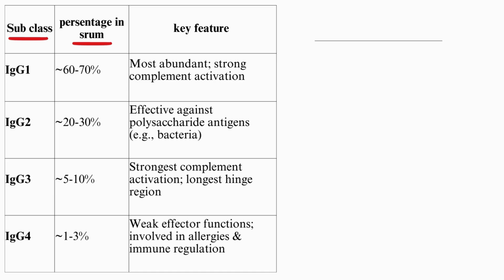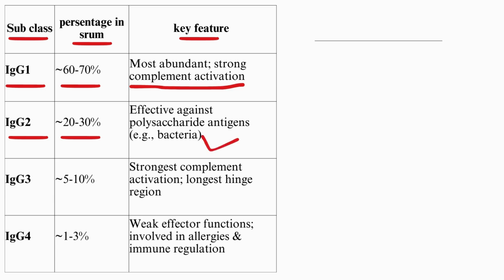The first one is IgG1. About 60 to 70% is present in the serum, it is the most abundant, and it has a strong complement activation property. The second one is IgG2, about 20 to 30% in the serum, effective against polysaccharide antigens, for example bacteria.